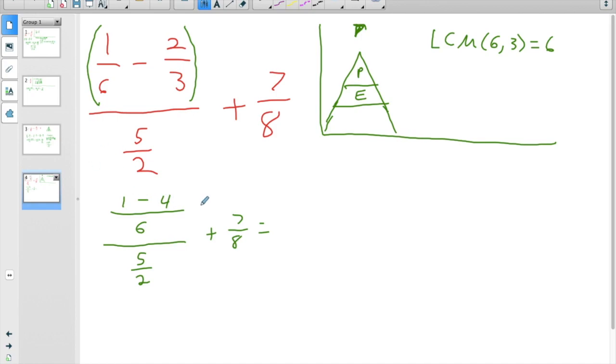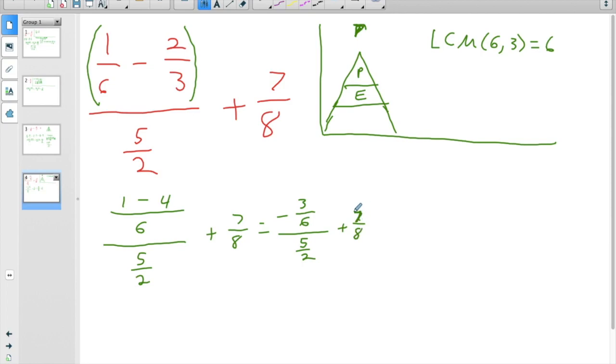Okay, so we have this set up. Now we do our subtraction. Well, 1 minus 4 is negative 3 over 6. This is going to be divided by 5 halves plus 7/8.